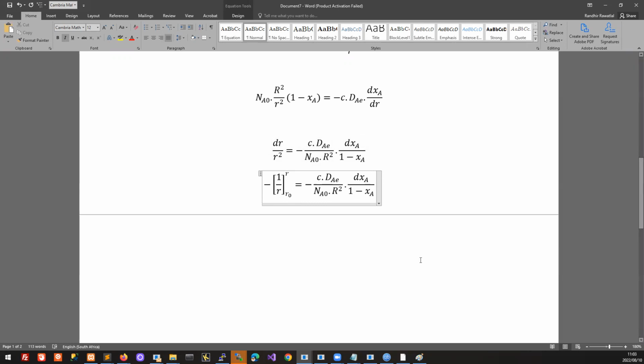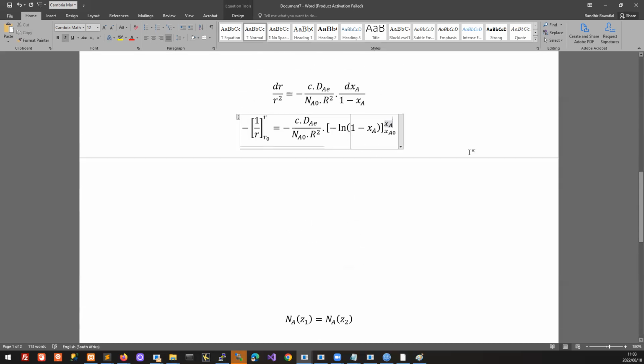And then we want to integrate the right-hand side as well. And so this is, of course, minus ln of 1 minus XA, and that's going to be between XA naught, so that's the mole fraction at position R naught, and at position R, we just defined it to be X sub A. Okay, so that's our expression now.